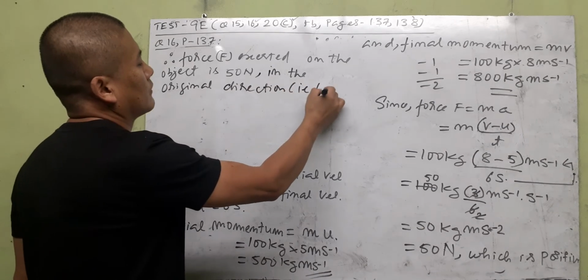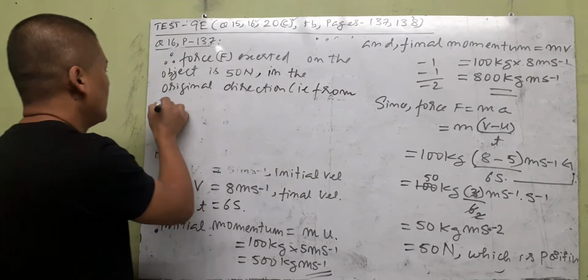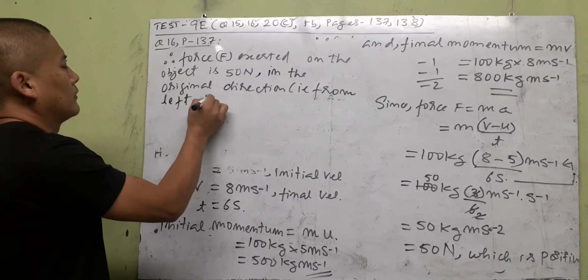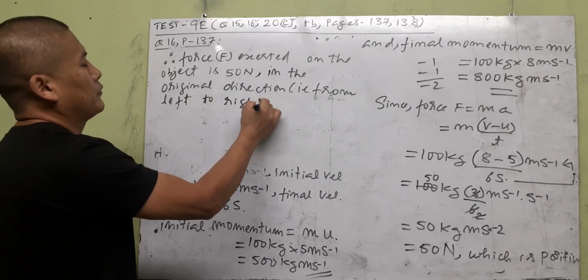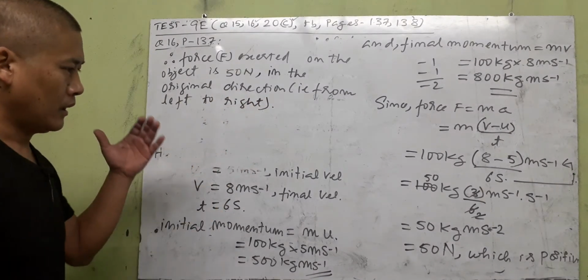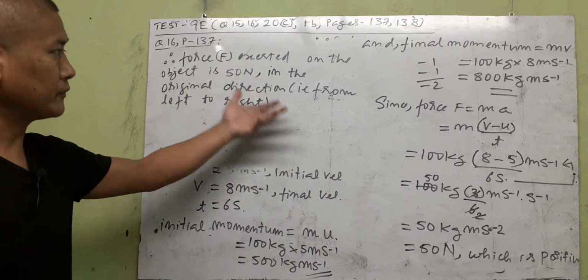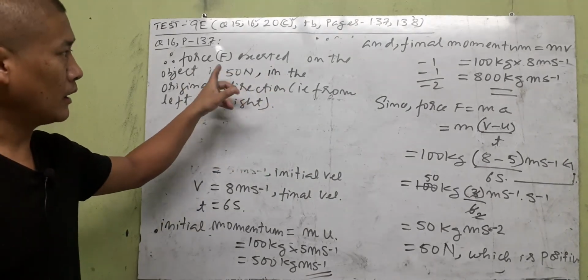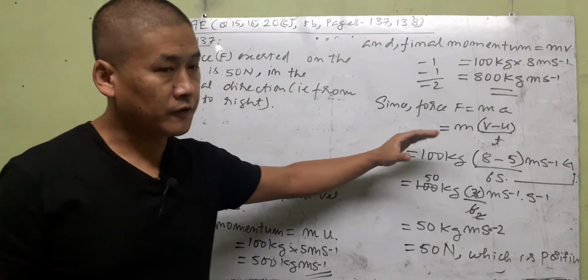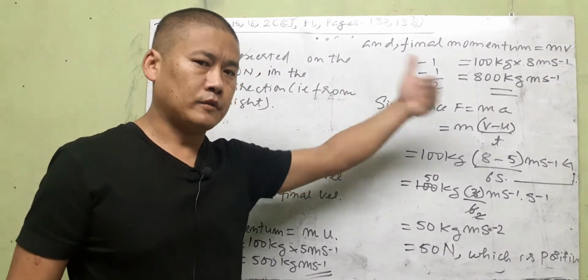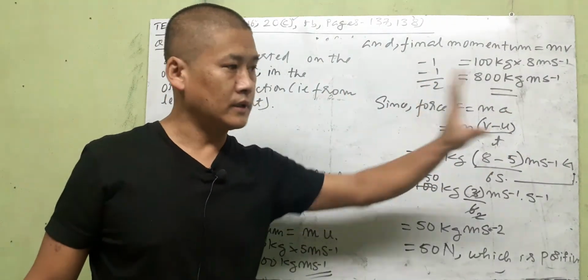That is, the force is applied from left to right there. When the object first appeared, we assume it was moving from left to right. After the force is applied also, it's still moving from left to right because it's plus. This is correct because the velocity is increasing from 5 to 8. So force should be applied in the same direction to increase the speed.